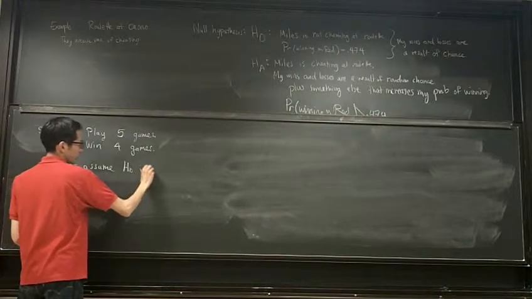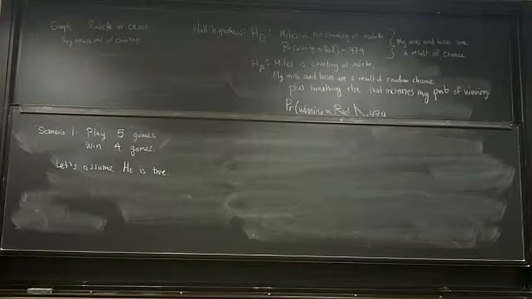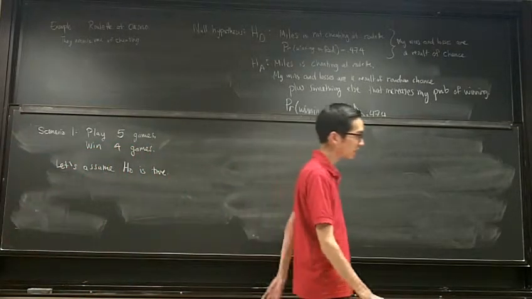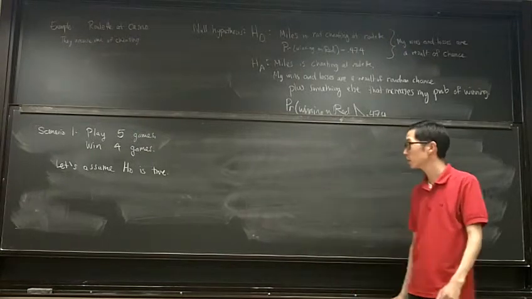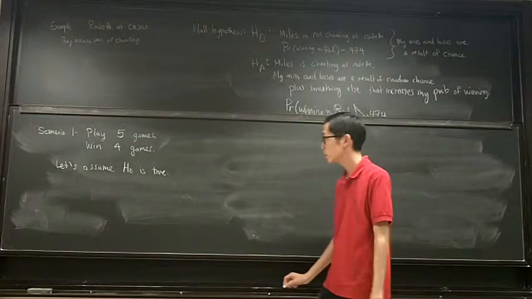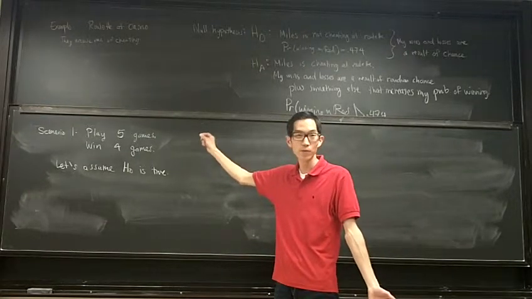And I say, okay, well, in my defense, let's assume H0 is true. Okay, let's assume the null hypothesis is true. Then we ask, if, just for argument's sake, let's say I'm not cheating, what's the probability that a non-cheater just happens to win 4 games out of 5?